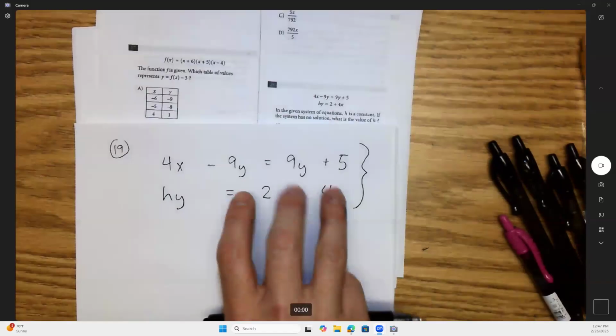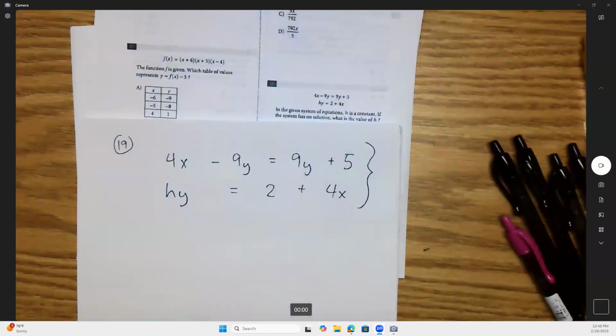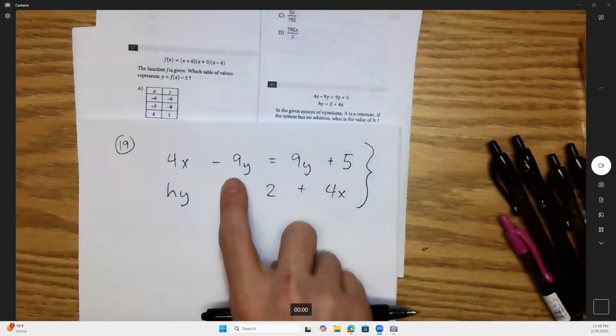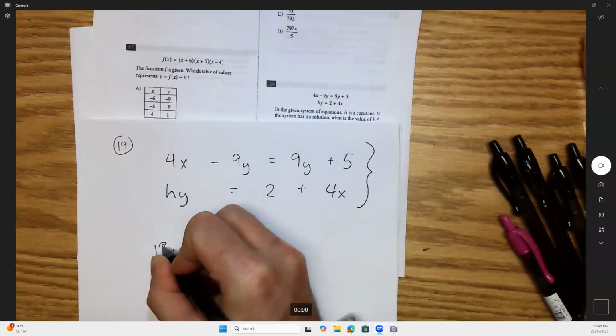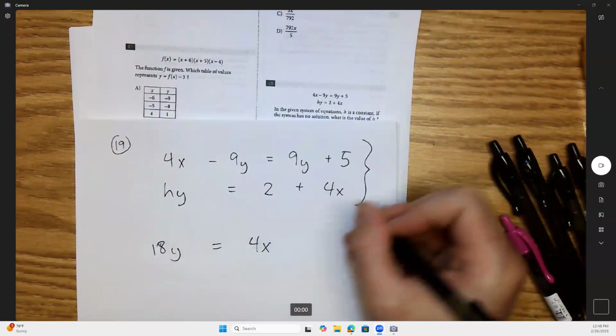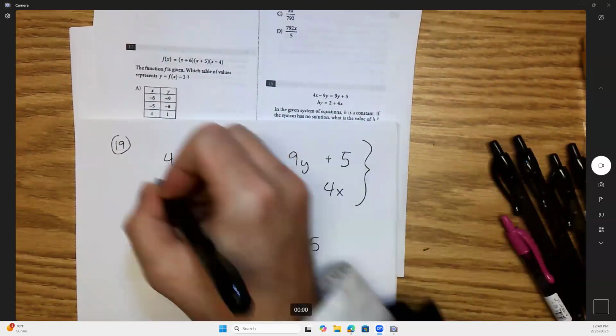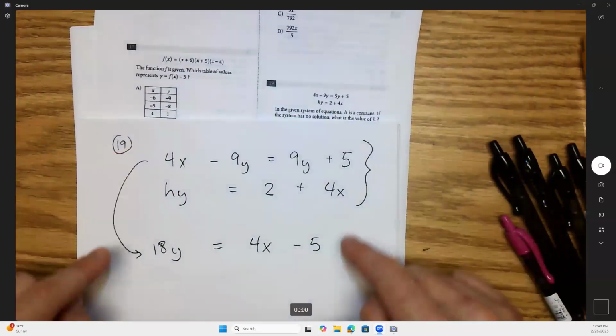I'm going to rewrite these equations closer to slope-intercept form, like y equals mx plus b. So I add this 9y over here. That gives me 18y equals 4x, and I can subtract out this 5. Does everybody see where I got this from? I just took the first equation and rearranged it.